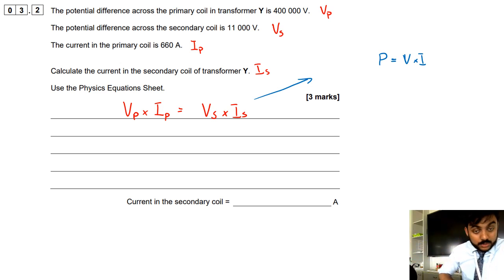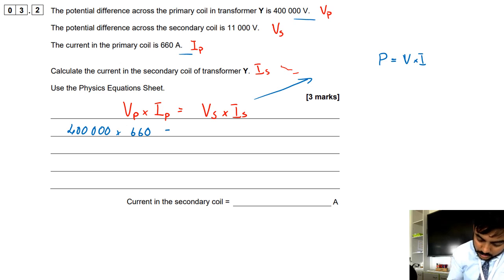So what we have to now do is put the numbers that we have in. Vp is obviously equal to 400,000. So 400,000 times by 660 amps for the current is equal to 11,000 times by Is, which we're trying to find. Now, all we do is rearrange the equation to make Is, the current, the subject.